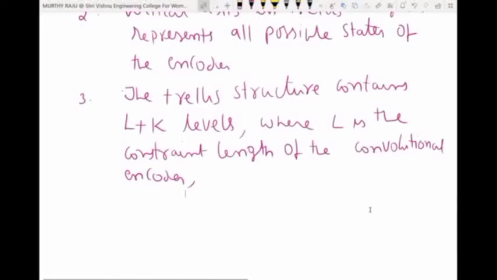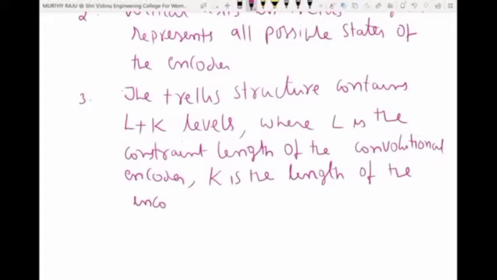Capital K is the length of the incoming message sequence.